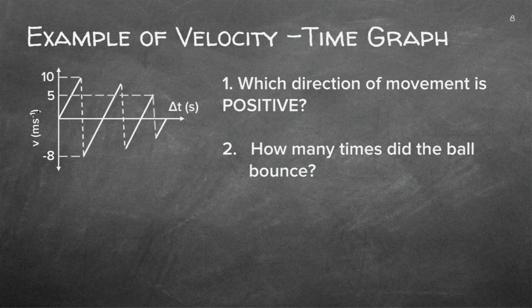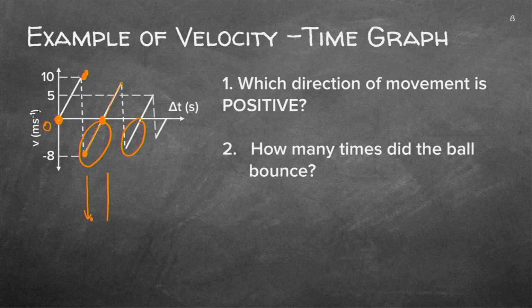Another example: which direction of the movement represents the positive? So you have to see if this ball is going from 0 downward to that one. Can you see you are actually saying it is going in a positive direction? Then it's going up again, it's turning around, and it's going up, 0, and it's going down again. So what you have here is that the positive side will be this acceleration to the bottom.